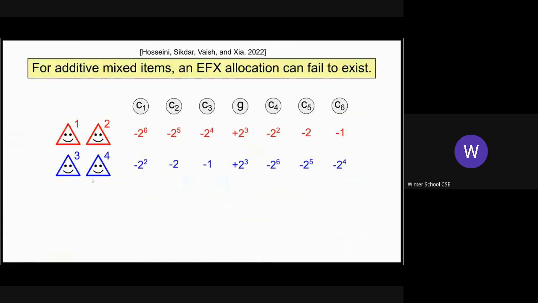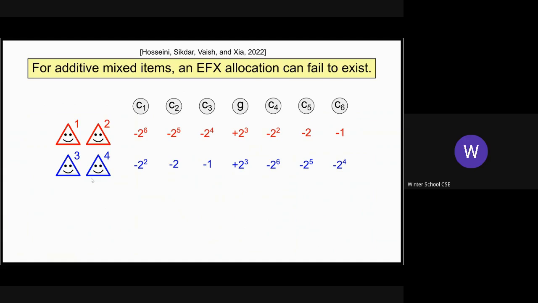Here is an example where an EFX allocation does not exist, even for an additive mixed instance. I'm not going to prove to you why there is no EFX allocation here. That's just a lightweight case analysis. But what I want you to notice is that, first of all, there's a small number of agents involved, just 4 agents and 7 items.